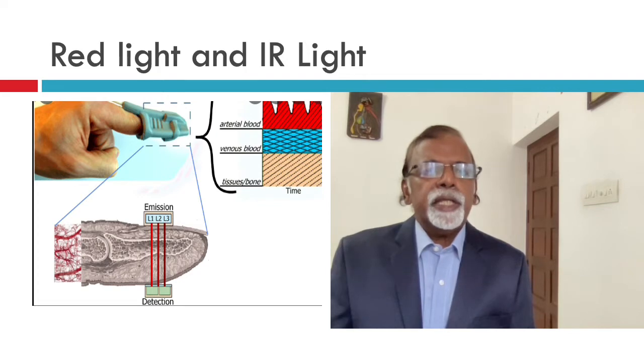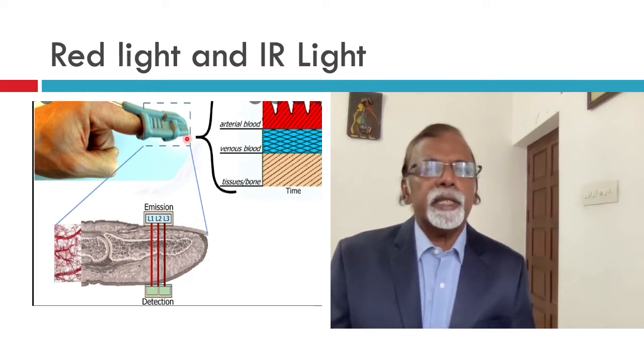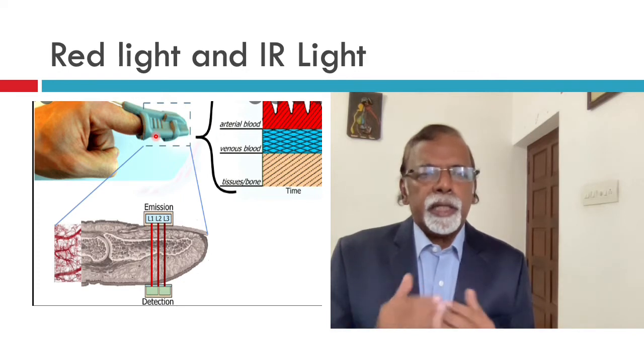So here you can see that the finger is kept in the pulse oximeter. Lights of two wavelengths are passed through. Usually we see only the red light. That is why when you put the finger inside the pulse oximeter, you see a red color.